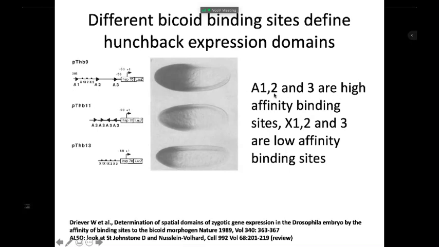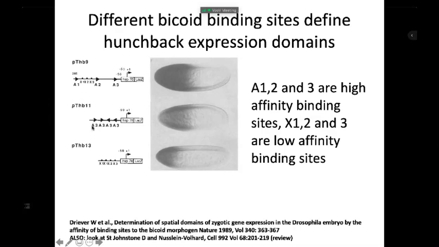A1, 2, and 3 are high affinity binding sites which can bind in low concentrations of bicoid, and X1, 2, and 3 are the low affinity binding sites which can only be bound in high concentrations of bicoid. And we can see here that with our normal hunchback promoter, which has both the high and low affinity binding sites, we see normal high levels of expression of hunchback and the gradient coming off anterior to posterior.